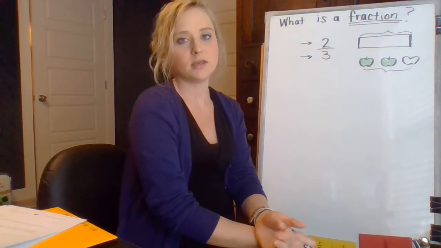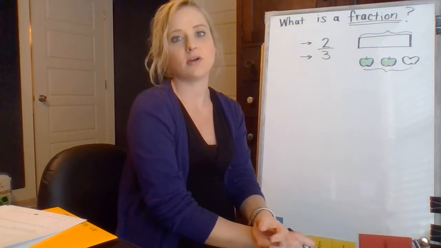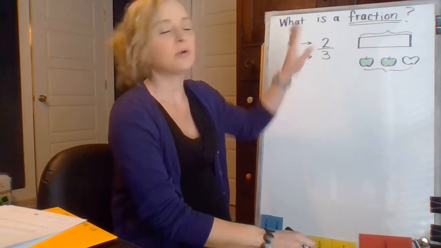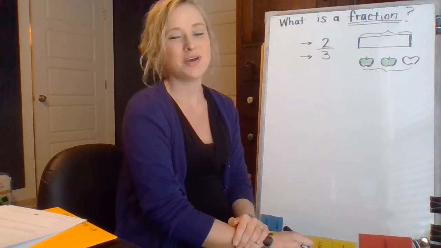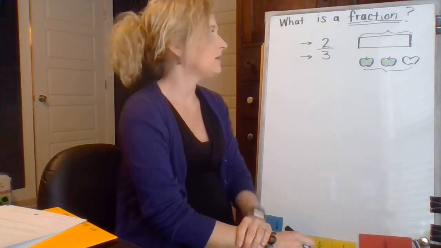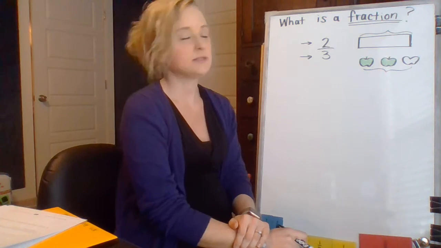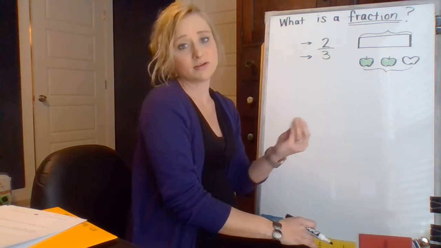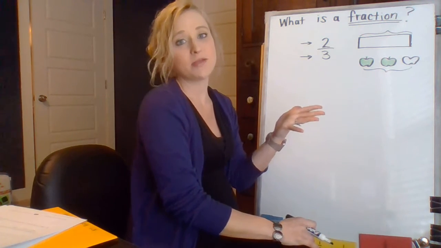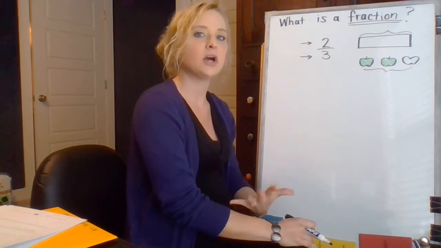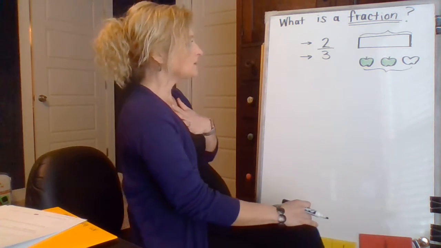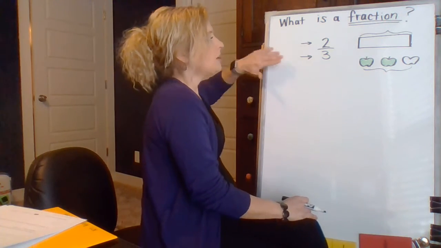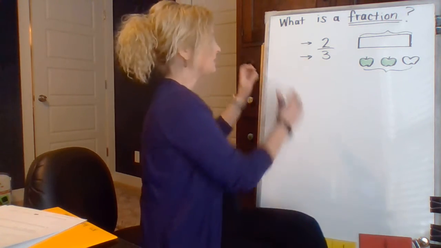Because in the fractions that you see, there are two numbers involved. Generally, they're different numbers, and you have to know what those different numbers mean and what that fraction bar means. You can always learn what they're called, but you really need to understand what they mean. What do they represent? So the bottom number here is called the denominator.